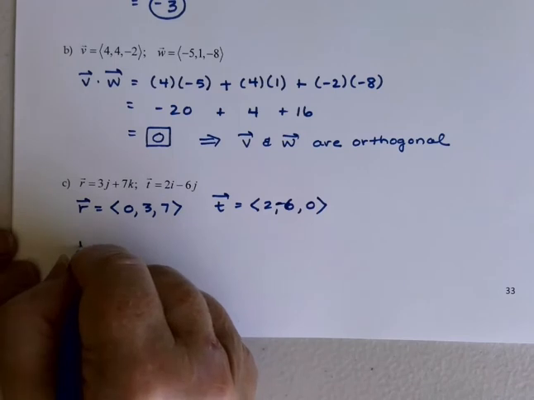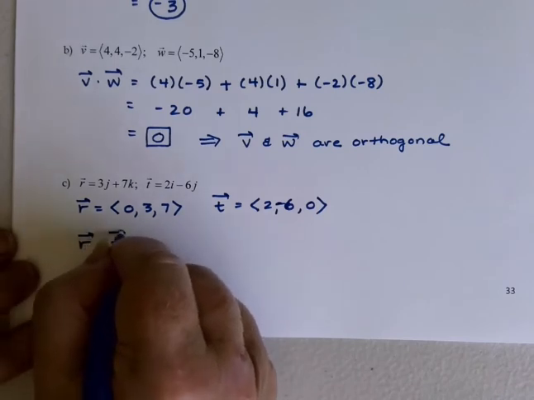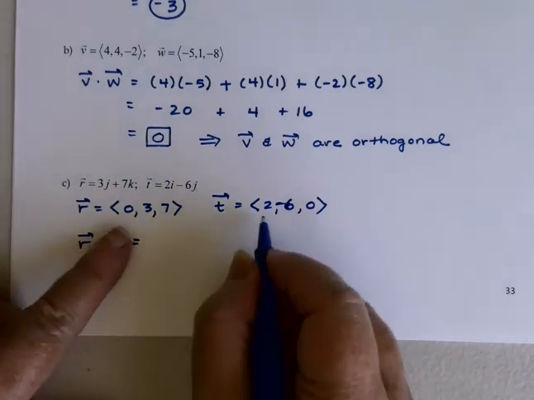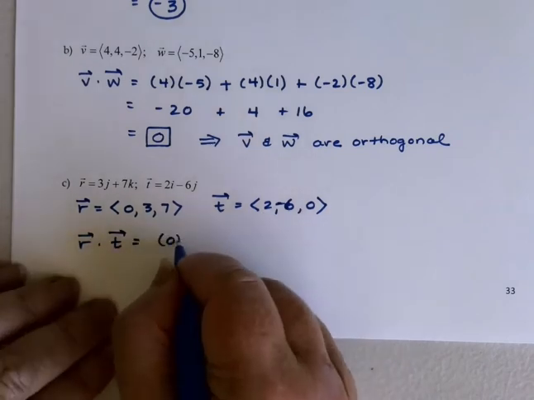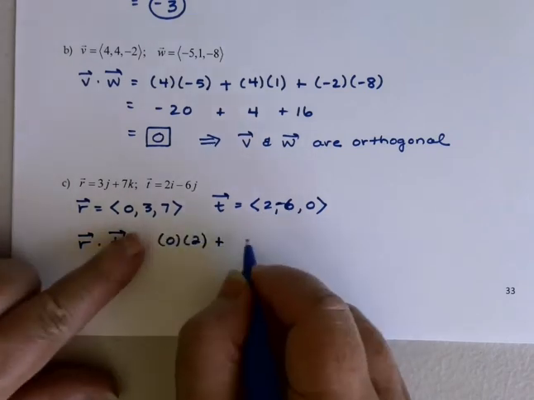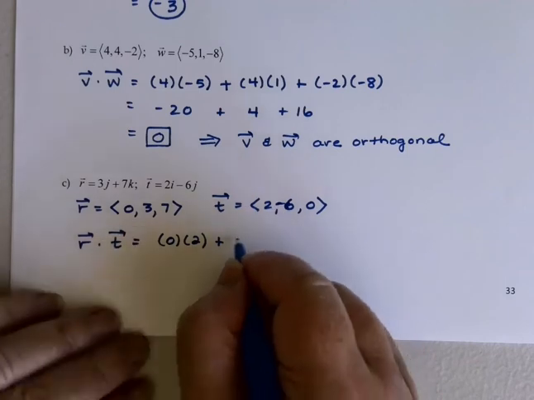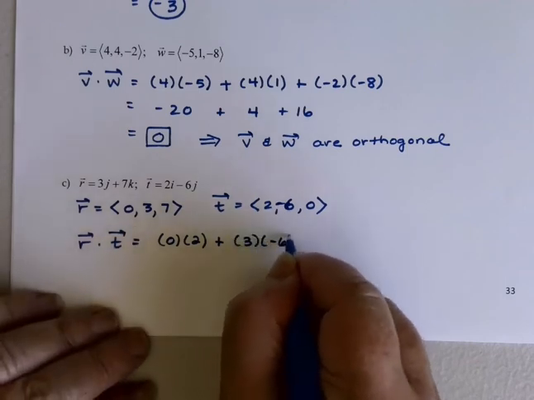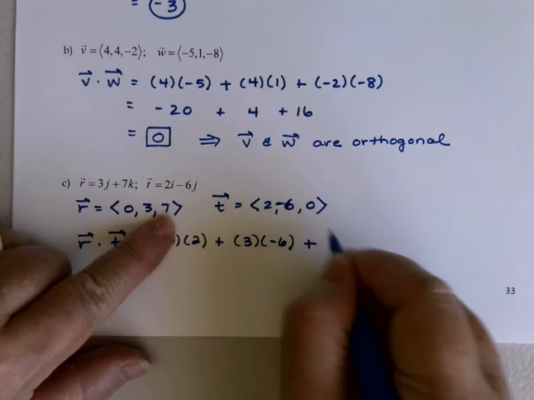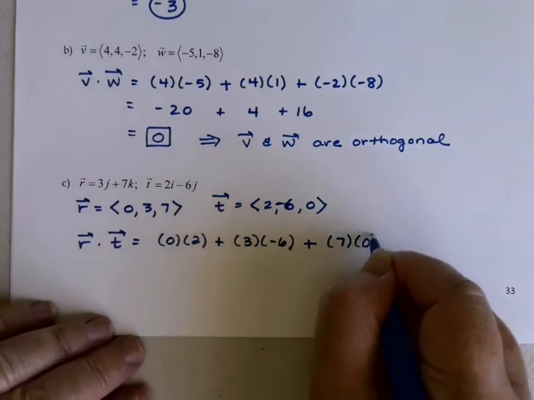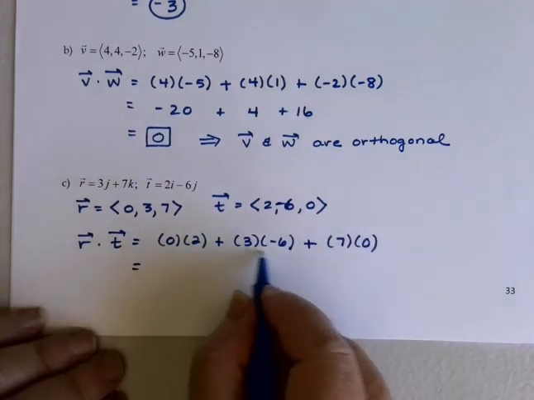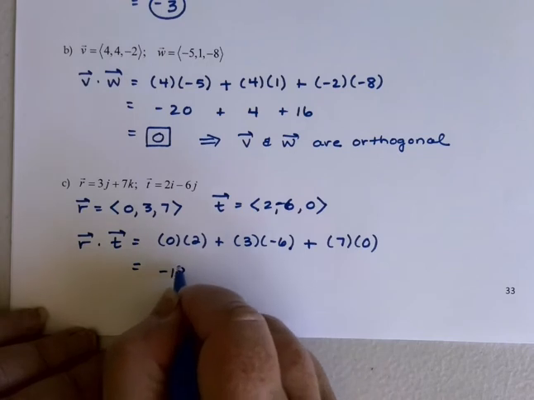All right, so R dot T, I would have 0 times 2 plus 3 times -6 plus 7 times 0. So -18 is the only non-zero term in that one.